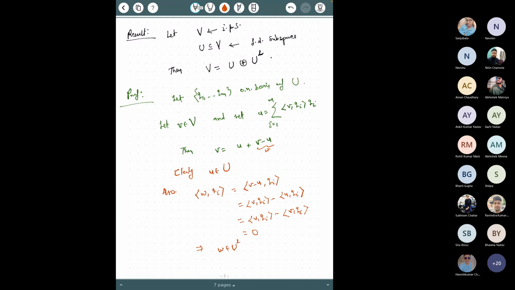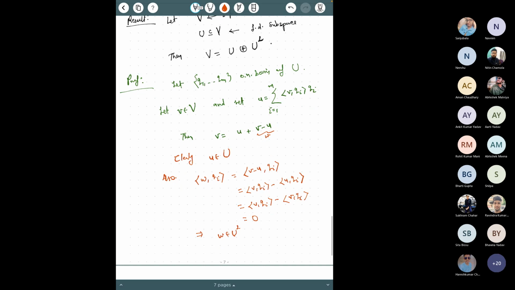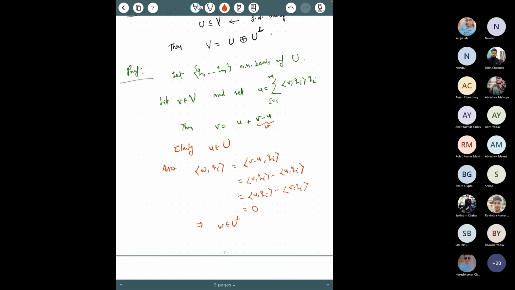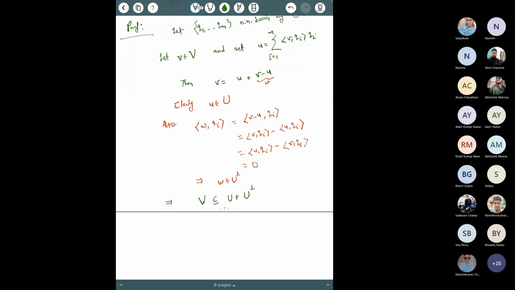So what you can say from here is that V is a subset of U plus U orthogonal complement. But since U and U orthogonal complement both are subspaces of V, this is also true, and therefore V is equal to U plus U perp.